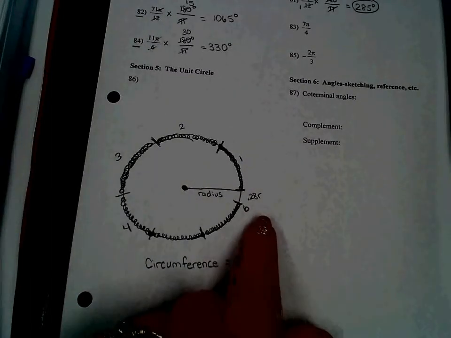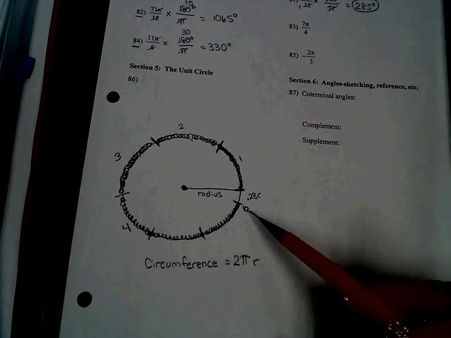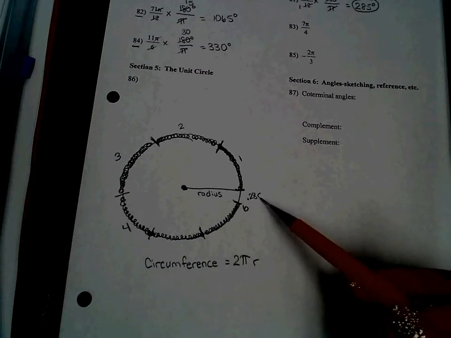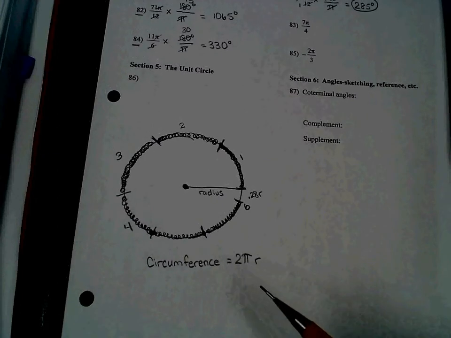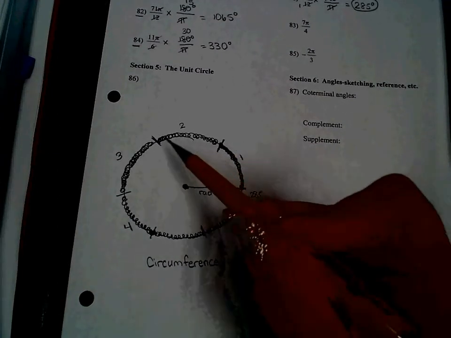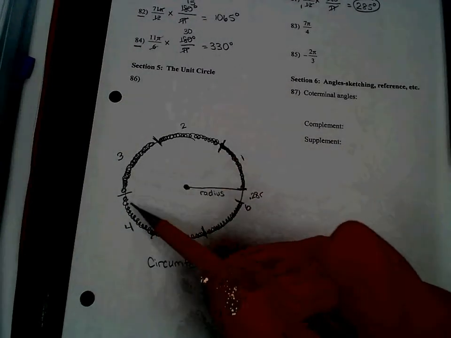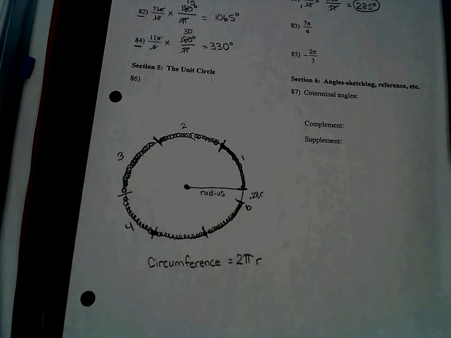Okay, 0.28, almost a fourth of another radius. 6 whole radiuses and 0.28 of another radius. 6.28 is 2 pi if you were doing it exactly. So you can fit 2 pi radiuses around your circle. 1, 2, 3, 4, 5, 6, and there'd be a little gap there, which is about 0.25.